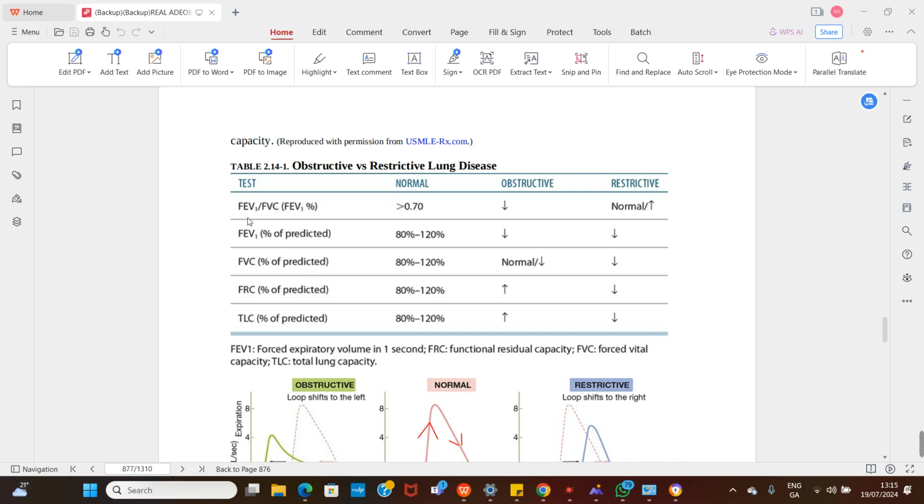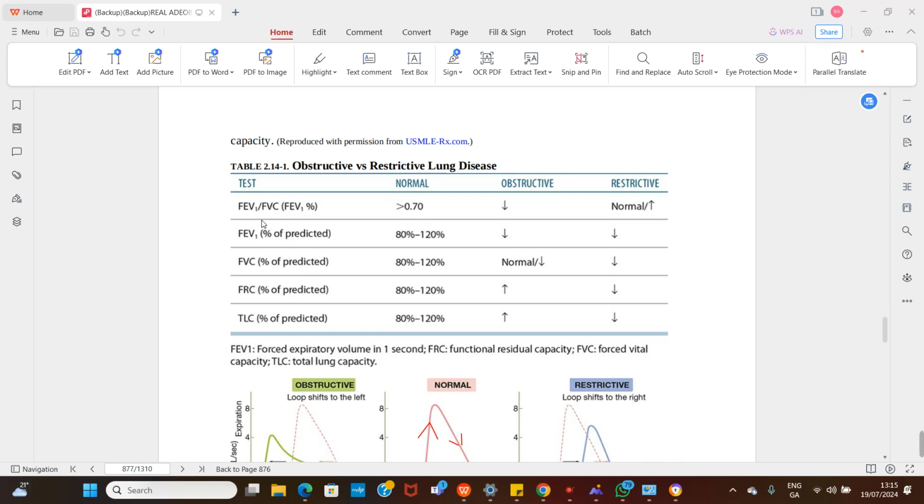Now there's something you call the forced expiratory volume ratio, the FEV1 over your FVC. It's a ratio, and in a normal situation that ratio should be more than 0.7. I want to say something here. Many people make this mistake.